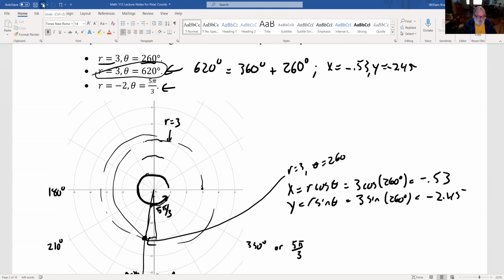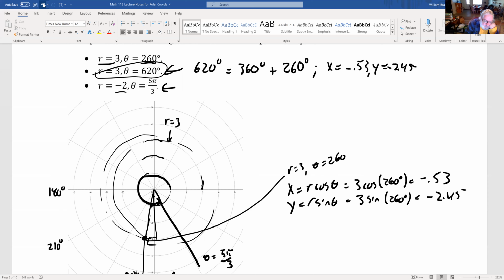Got a little too rambunctious there. 5 pi over 3 is actually this angle. So this is the theta equals 5 pi over 3 line. Minus 2, though, remember that when we rotate from the positive x-axis, positive is down here, the negative side of 5 pi over 3 is up here. So we want to go 2 units in the negative direction. That means we're looking at this point.